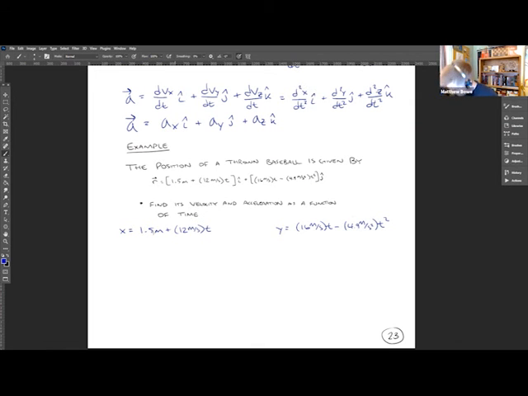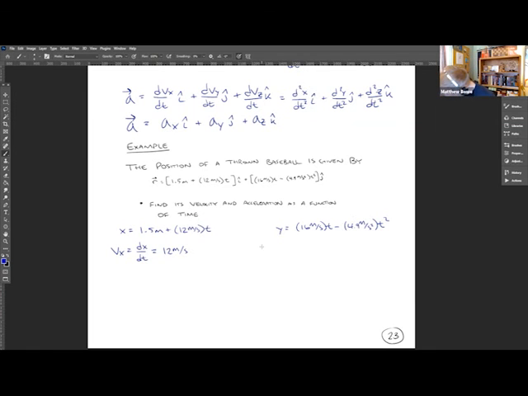All right, what is the velocity in terms of t? Let's take a derivative of this component in terms of t. So that goes to 0. The only thing that's left is this 12. If we take a derivative with respect to t, that will just be 12 meters per second.